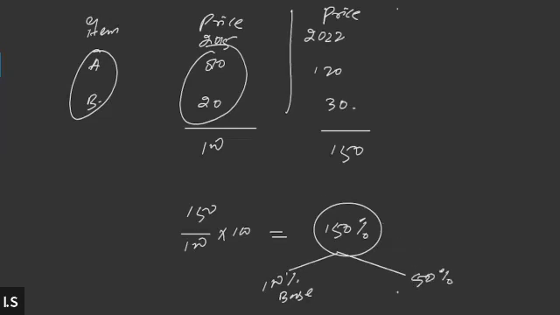So if the percentage is 150%, that means price has risen by 50%. So if you ask me how much there is a change in price of commodity as compared to the year 2015, I can say that there is a 50% increase in the price of the commodity.